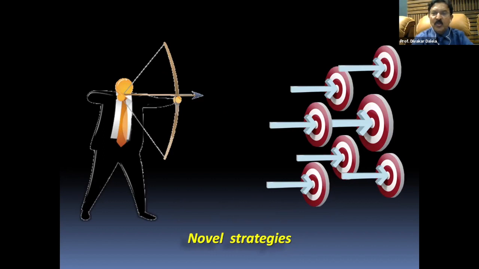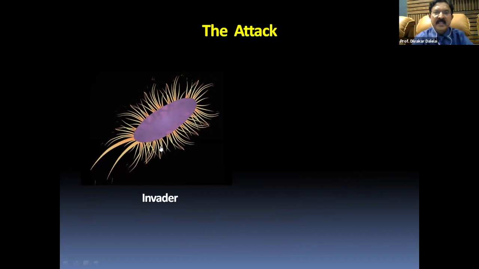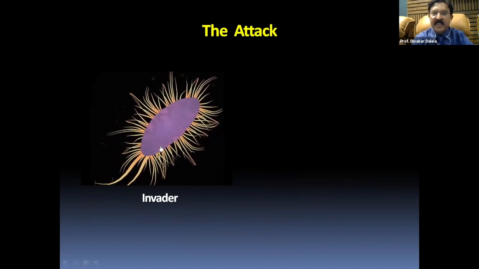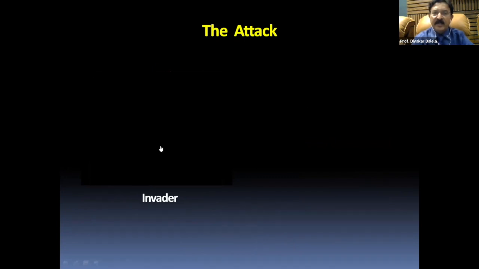I'll not take you into so many theoretical aspects, but just tell you that every occurrence of infection is regarded by us as an attack, where there is an invader, and this invader is the bacteria, which has a brushy surface and a tail which gives it rapid mobility inside the urine.